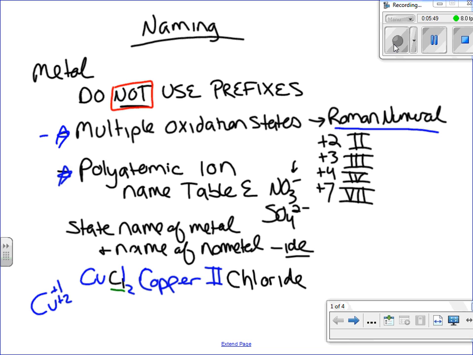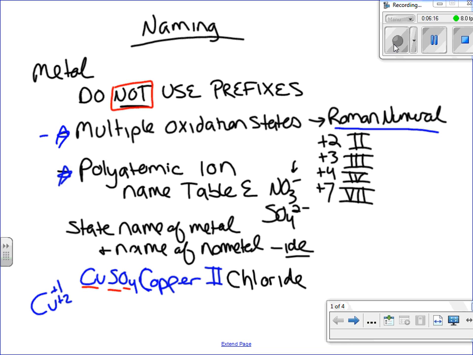Last case for now. We have a polyatomic ion. So we can leave it as copper 2, and let's say we make it sulfate. We'll change it from Cl to SO4. If you look at this and count the capital letters, I have 1, 2, 3.